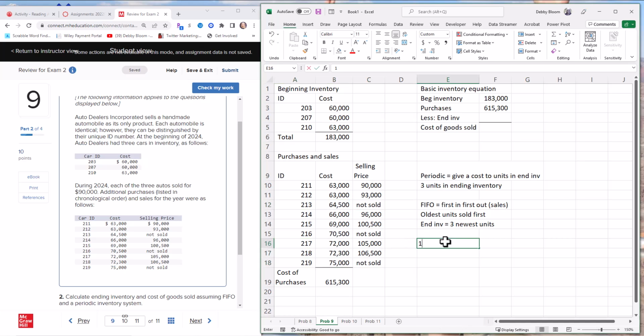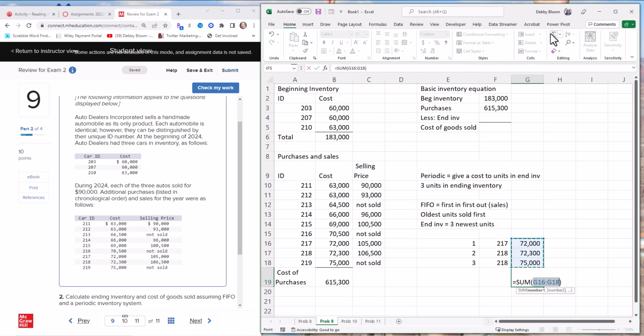So we're going to assume our 3 units in the ending inventory are comprised of 217, 218, and 219. I'm going to pick up the costs of those: 72,000, 72,300, 75,000.